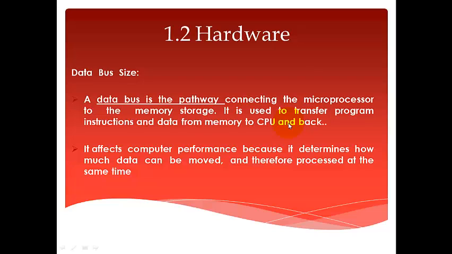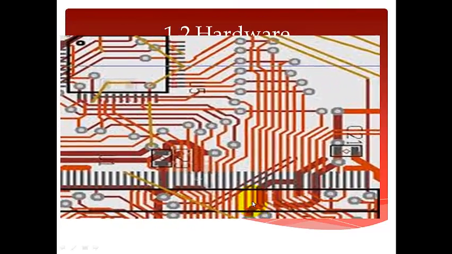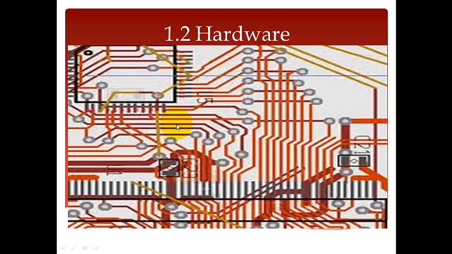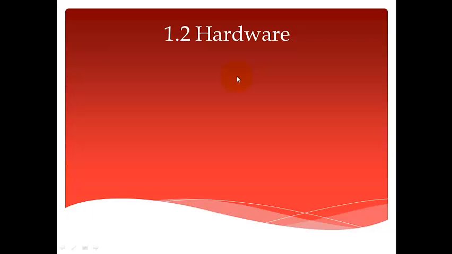So here the bus plays a vital role, right? The information needed by the CPU is placed in RAM, and from RAM it has to reach the CPU through the bus. Here you can see all the diagrams, right? These are called buses. The pathway connecting the components is called a bus.